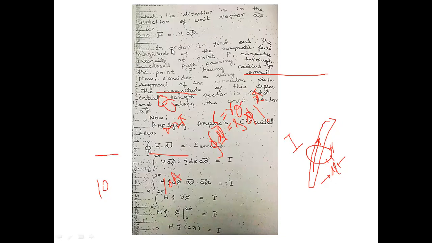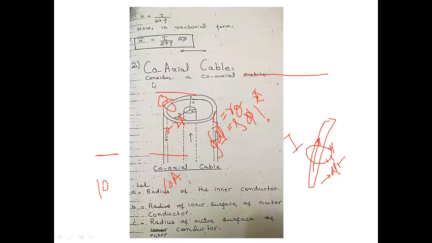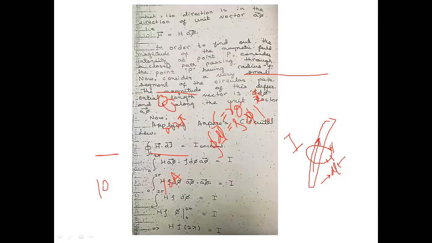In order to find the magnitude of the magnetic field intensity at point P, consider a closed path that must pass through the point P having a radius of rho. Now consider a very small segment of the circular path, and that is dl.